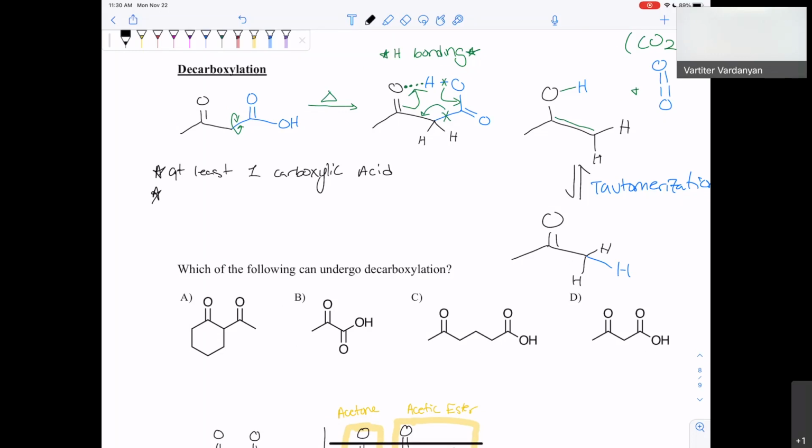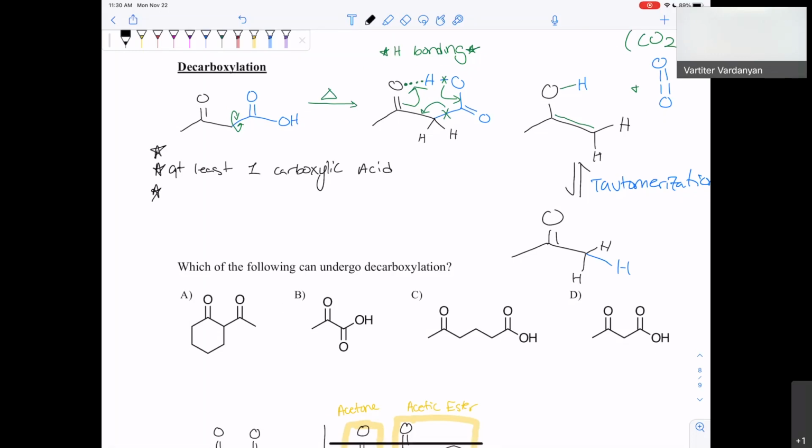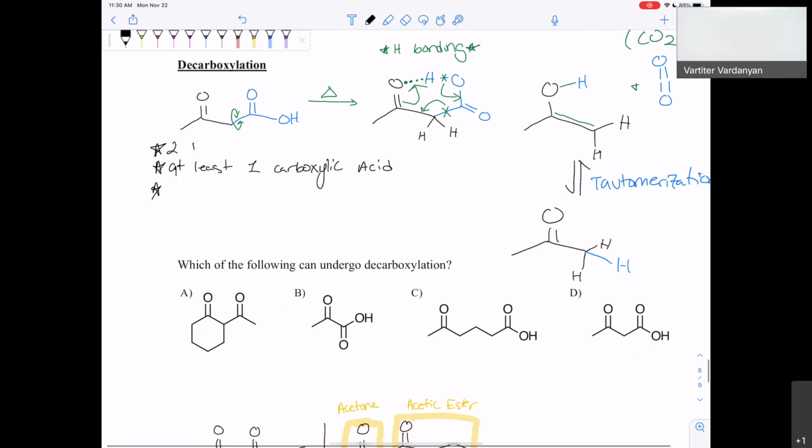Actually, the first rule should probably be that you need 2 carbonyls, one of which has to be a carboxylic acid. And the last rule is the 2 carbonyls must be beta to each other. These are the 3 requirements to undergo a decarboxylation.